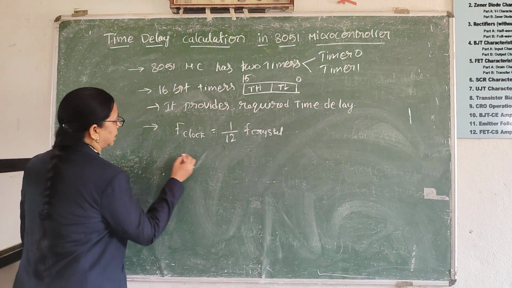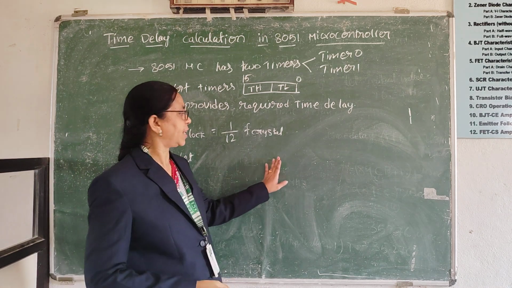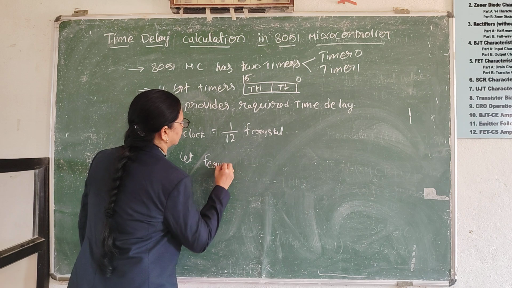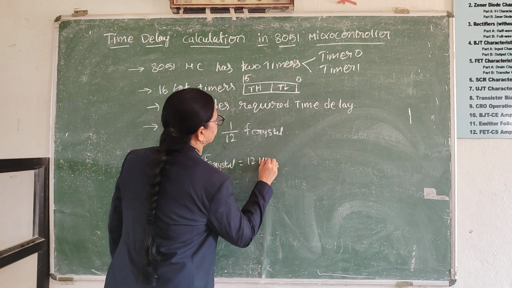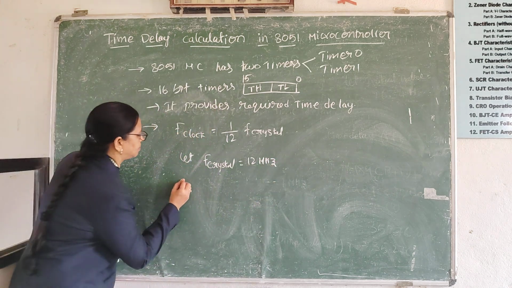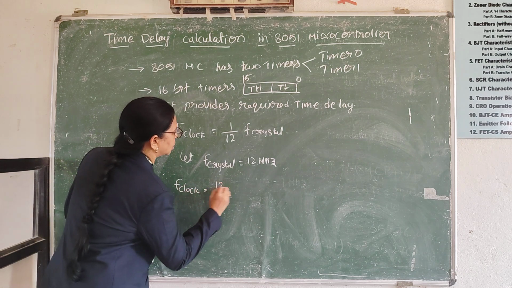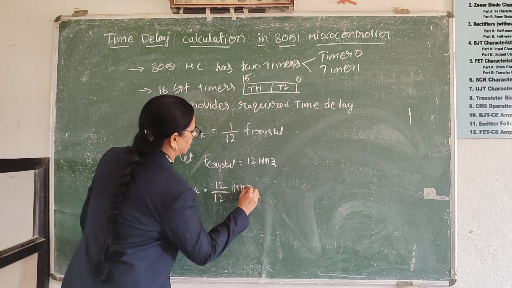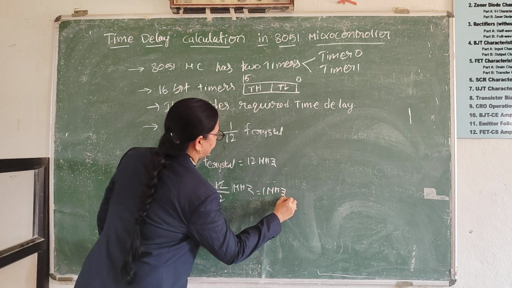Suppose the crystal frequency of the 8051 is 12 megahertz. Then the clock frequency becomes f clock equal to 12 by 12, which is 1 megahertz.